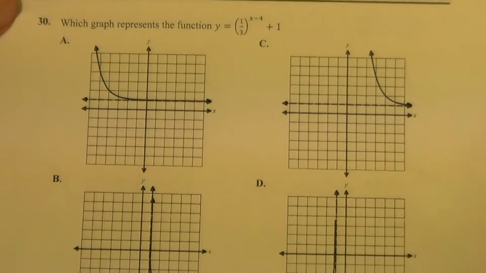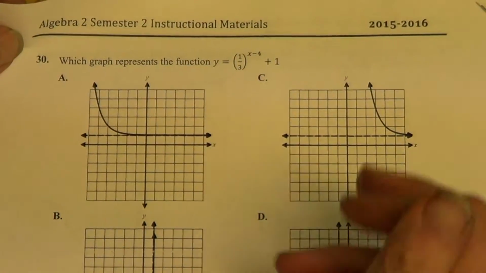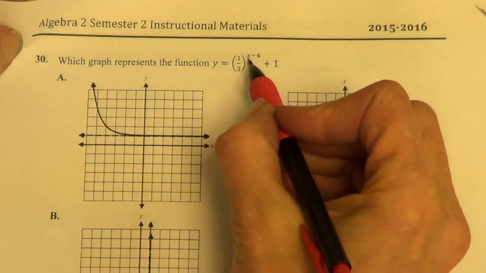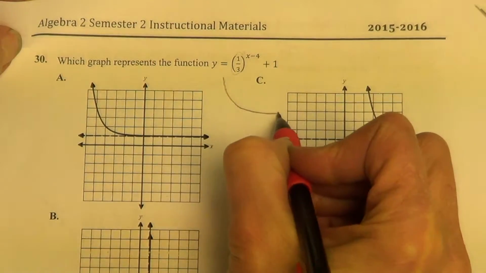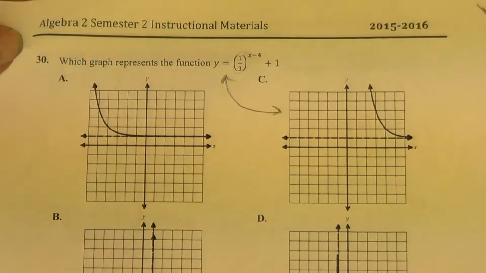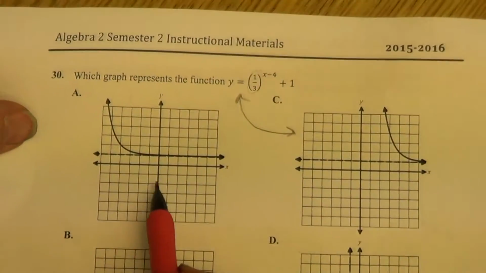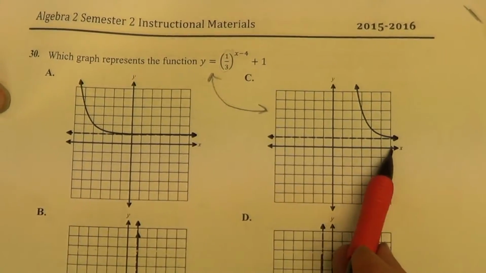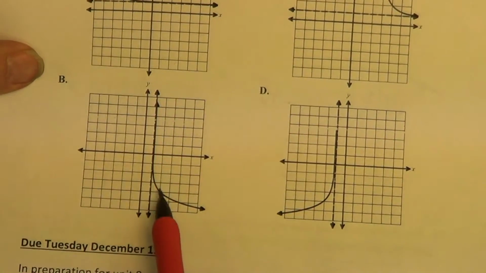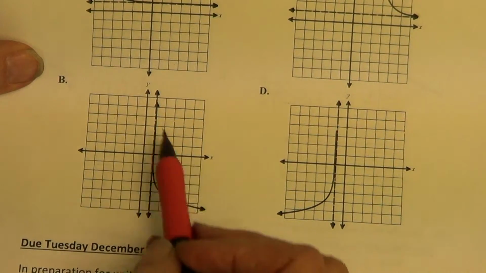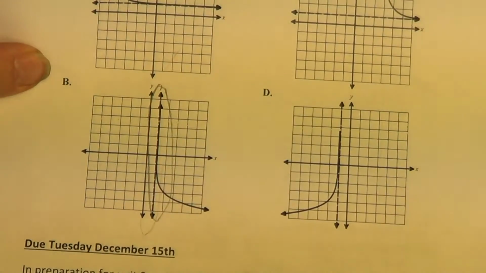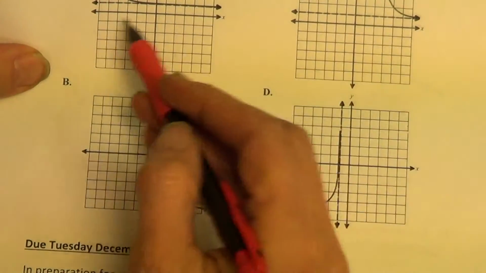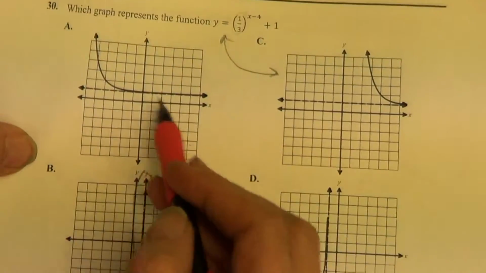Okay, last one for Unit 10. We have another exponential. Now this time, because of the fraction, remember, it's a decay, so it's going to be going down like this. Do all of our graphs do that? This one seems to go down that way. This one does. This one does, but what's wrong with our asymptote? Remember, exponential functions only have a horizontal asymptote.